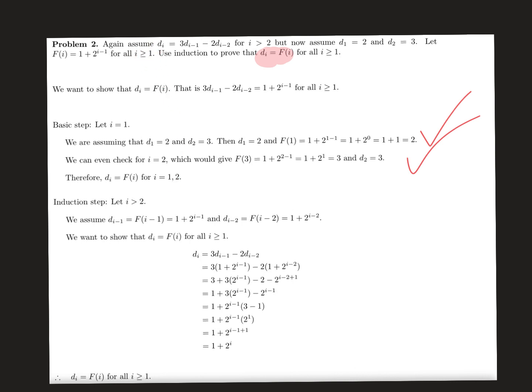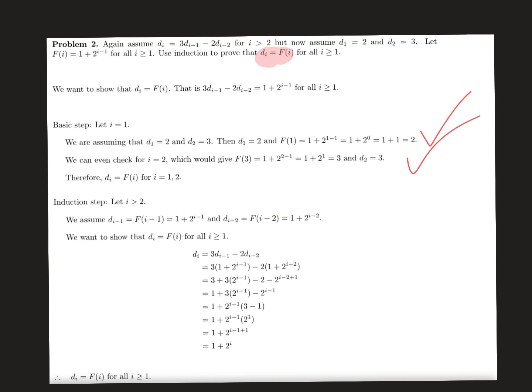To do that, we're going to assume that d of I minus 1 is equal to f of I minus 1, which would be 1 plus 2 to the I minus 1 minus 1. We're also saying that d of I minus 2 would be equivalent to f of I minus 2, which is this expression, where our exponent is the only thing changing.